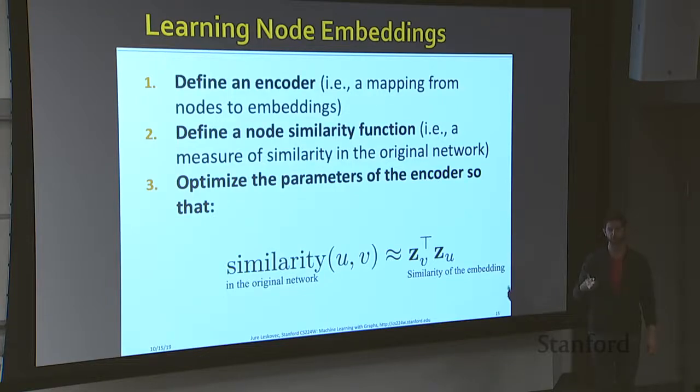Some models also try to optimize these aspects, so that they try to have as much distance as possible between the dissimilar nodes. We're going to be seeing a model today that does exactly that. In the loss function, it will encode both the fact that similar nodes should be close to each other and that dissimilar ones should be as far as possible. But it's all up to you how you define your loss function. Thanks, good question. Anything else?